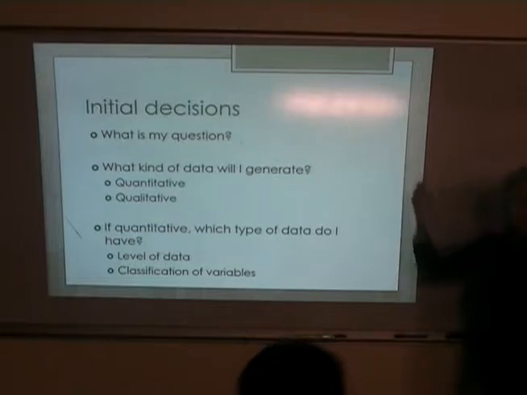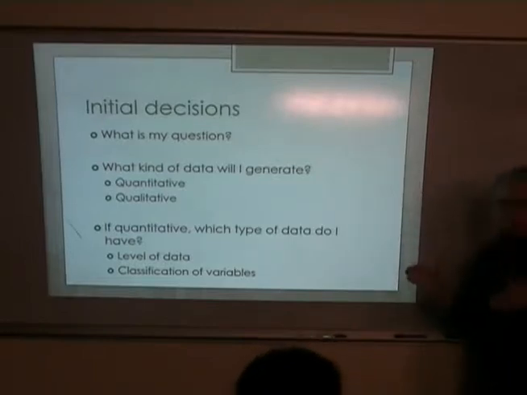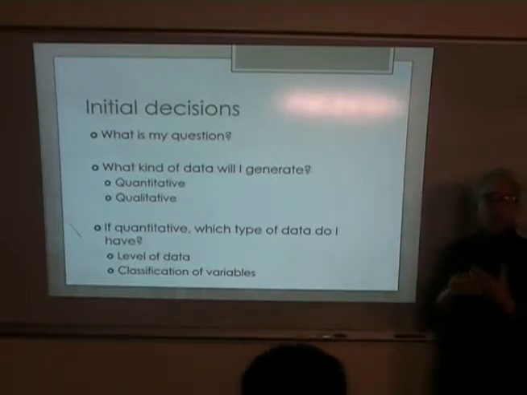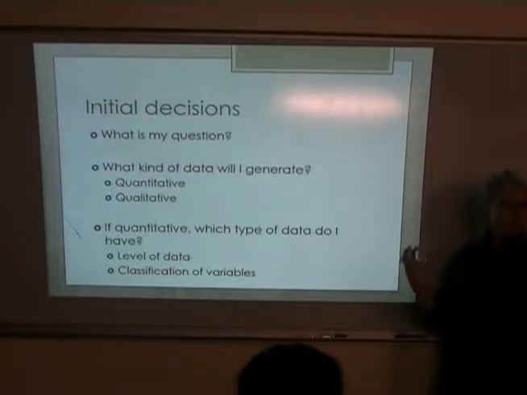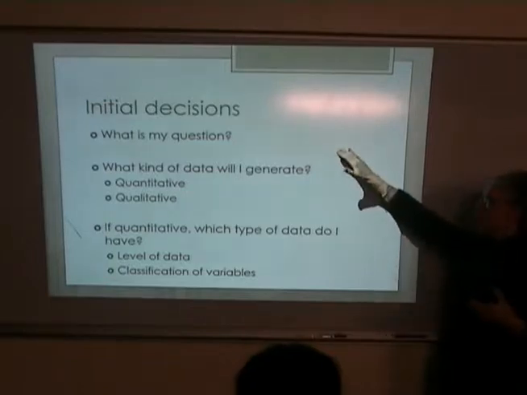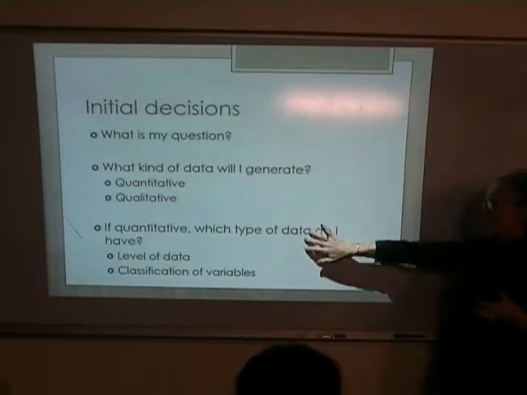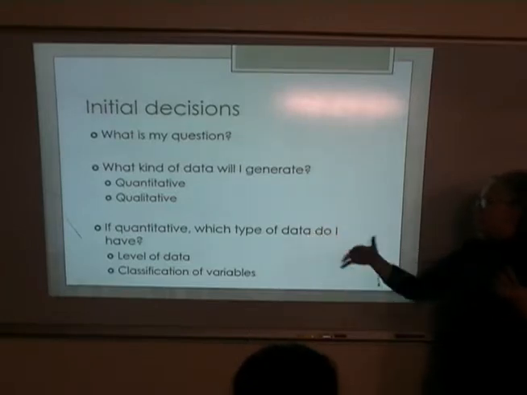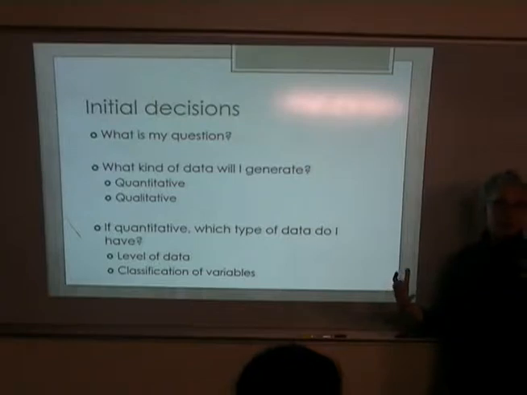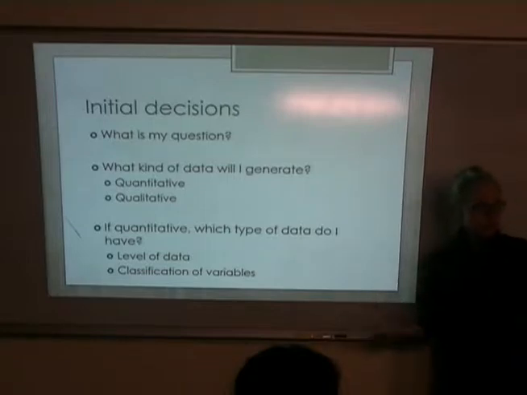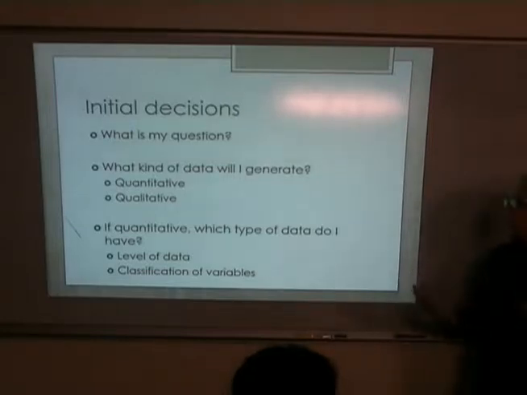So most of you have your question now. A couple of you have to tweak them for the next go-around, but we're moving along with your question. If it's quantitative, then we want to look at how many levels of data do we have, what are the variables that I can identify? What kind of data do I end up with?